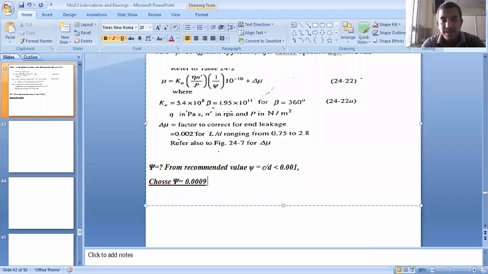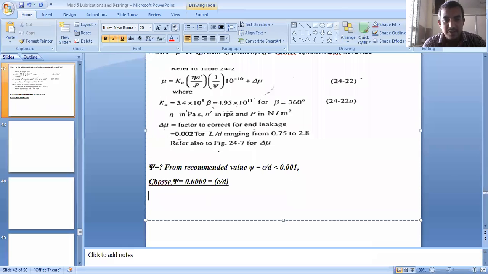Once you consider this xi value, go and calculate C by D. What is the C value? The clearance value, because you use it somewhere in the formula. C is unknown, D is 0.2.